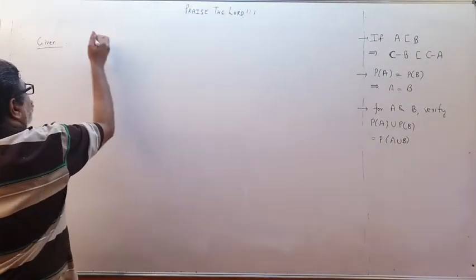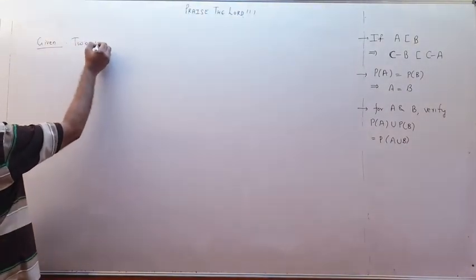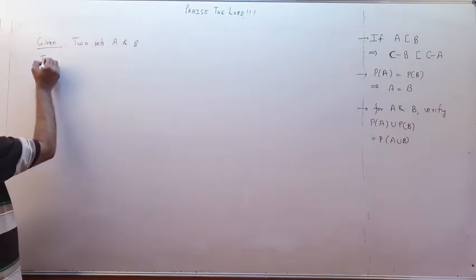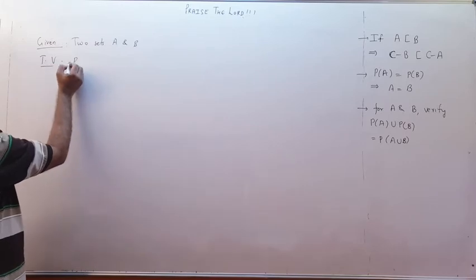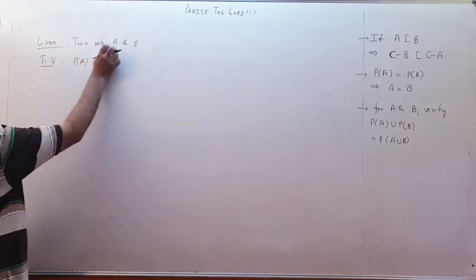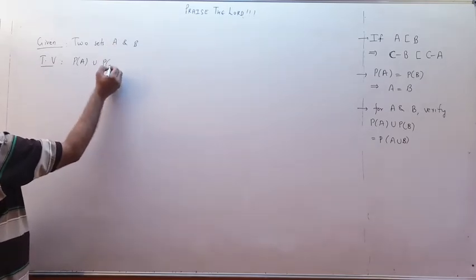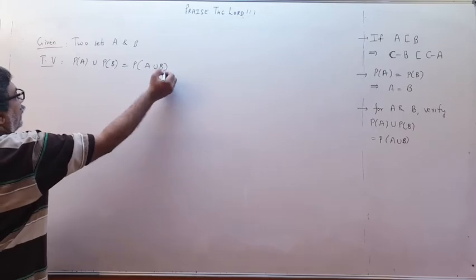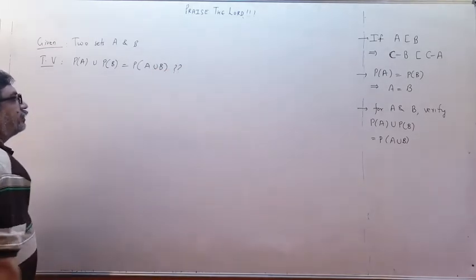So we are given two sets maybe. Given are two sets A and B, and we have to verify that power set of A union power set of B will be equal to power set of A union B or not, that we have to check.